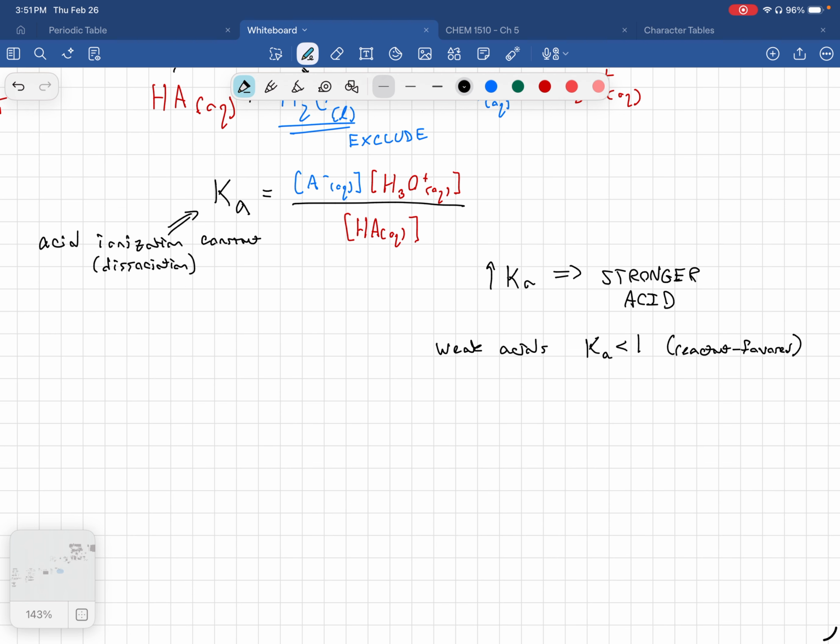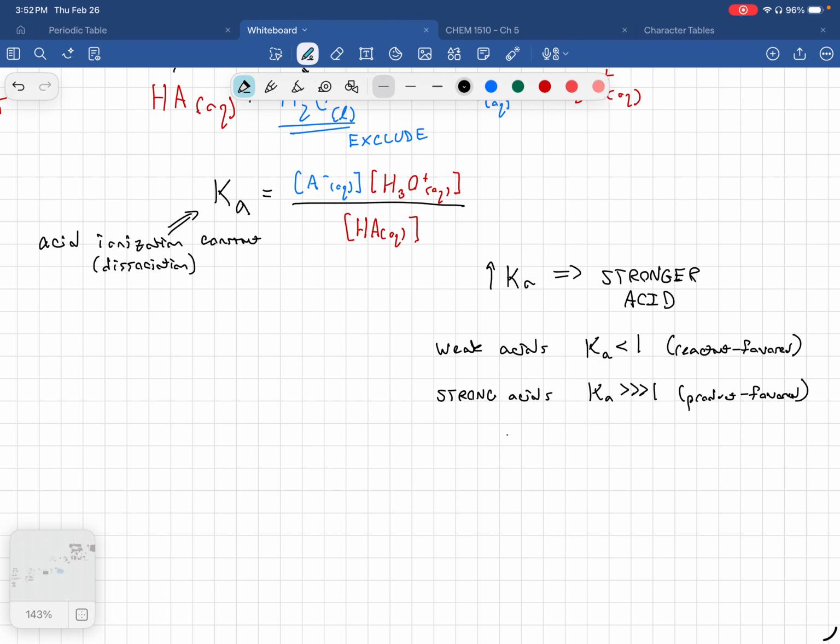Meaning at equilibrium, right? Our ratio is less than 1 of our products to reactants, right? Strong acids, and we'll talk about those more later, have a Ka much greater than 1 typically, thus product favored.